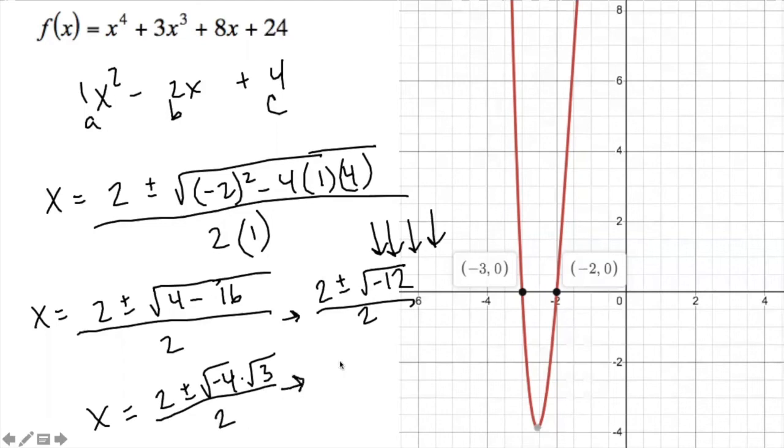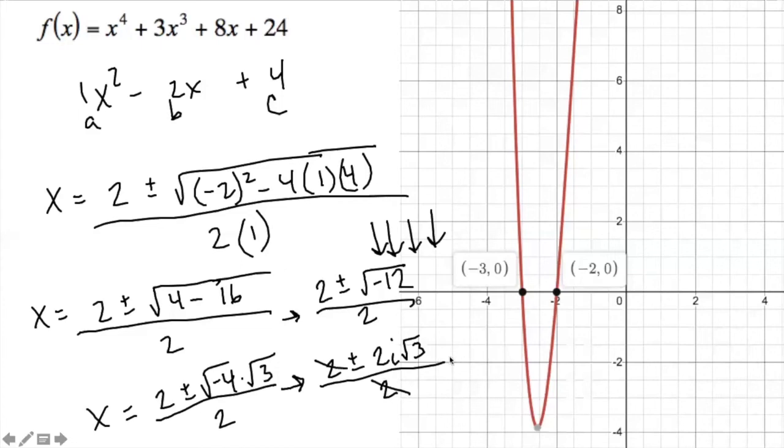If I simplify it again, I've got 2 plus or minus the square root of negative 4 is 2i, because the square root of the negative 1 part of that is i, and the square root of 4 is 2. I tack on my square root of 3 because the square root of 3 doesn't break down, doesn't contain a perfect square, divided by 2.